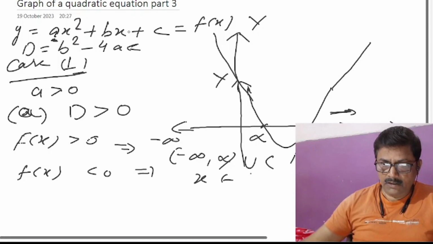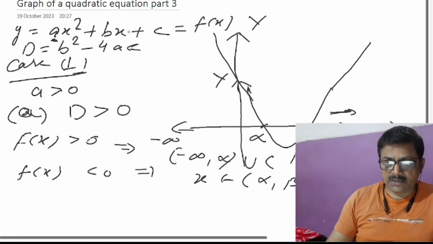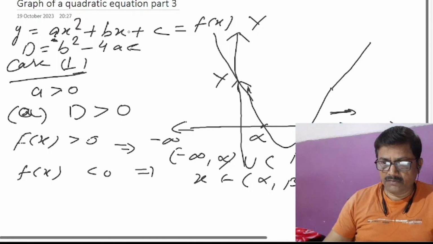So you learn in a quadratic expression, if a is positive, the coefficient of x square is positive, and the discriminant is positive, then the quadratic will be positive in the interval minus infinity to alpha, union beta to infinity. Alpha and beta are the roots of the quadratic. And f(x) will be negative in the interval alpha to beta. I hope it is clear.